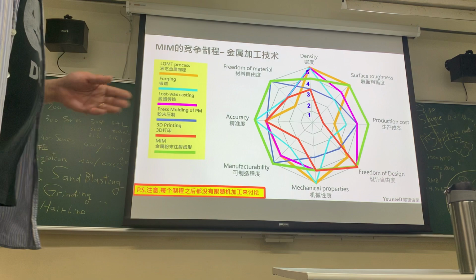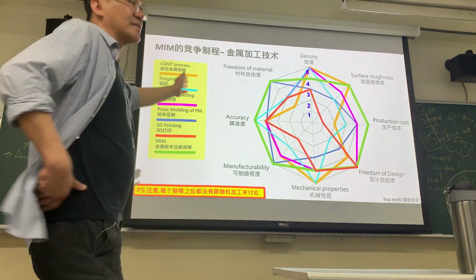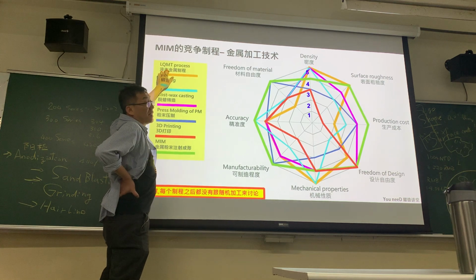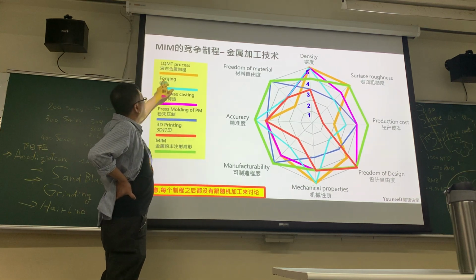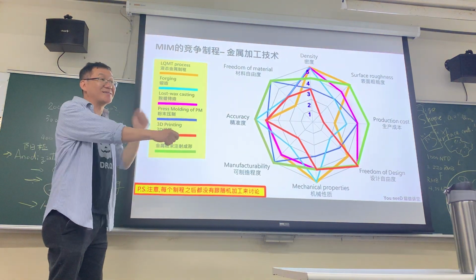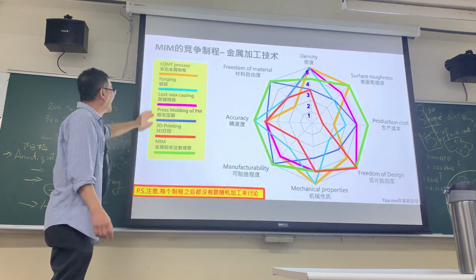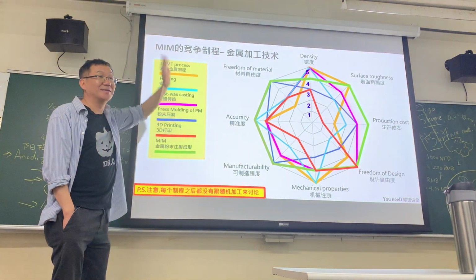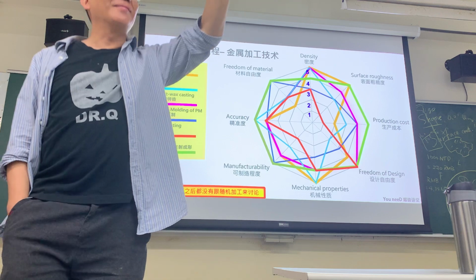Okay. Here are the metal processes. The first one is liquid metal technology, and this tool is forging. Today you know the plastic forging, just hammer the steel. Then you know the lost wax casting. Does somebody know the lost wax casting?